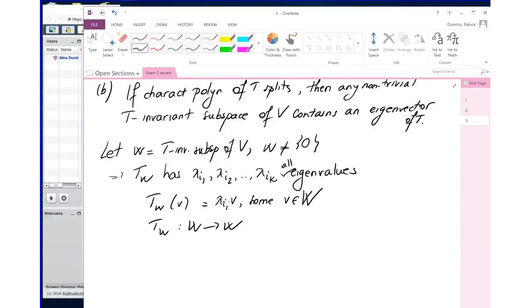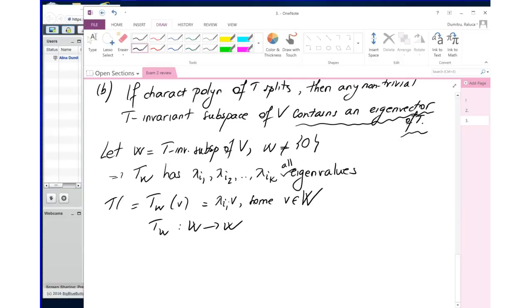But what do I have to show? That this W contains, in fact, an eigenvector of T. So this v that we have here, that is in W, is an eigenvector of T_W. Is it also an eigenvector of T? Well, yes.